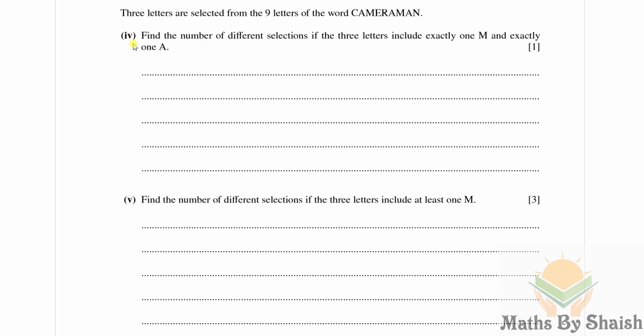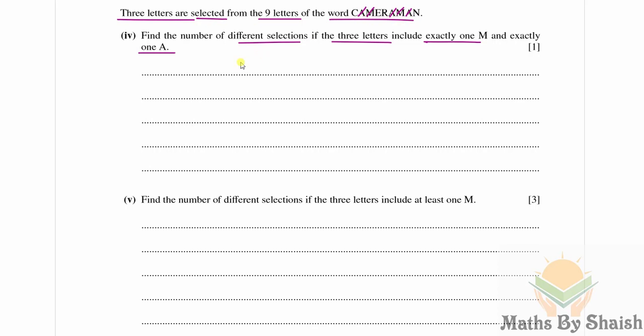For the fourth part, 3 letters are selected. Earlier it was arrangement, now this is selection for 9 letters of the word CAMERAMAN. Find the number of different selections if the 3 letters include exactly one M and exactly one A. If we have selected one M and one A, then it is gone from the total letters, so there is no other M and A present here.